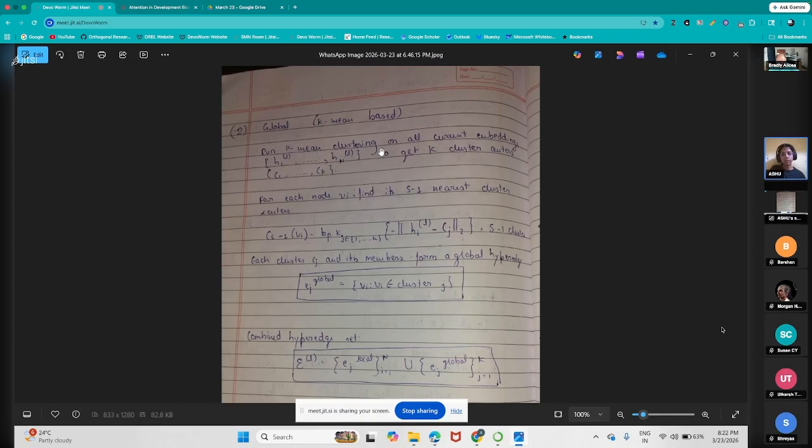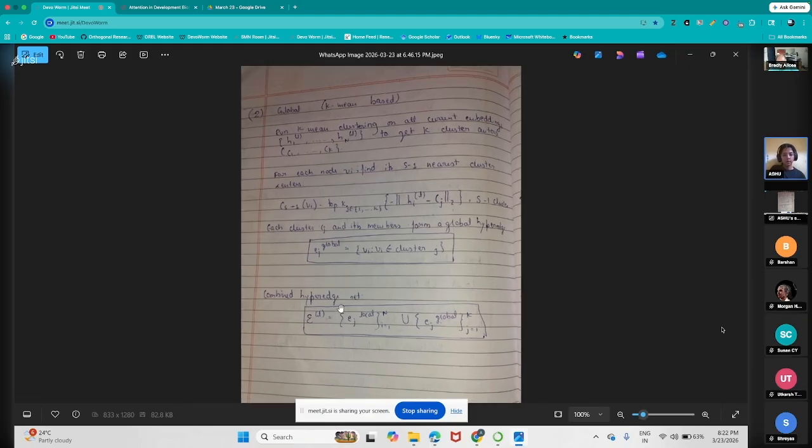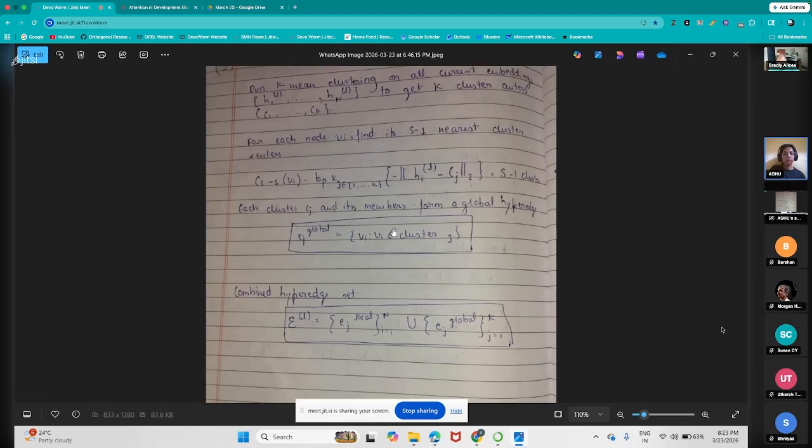We run k-means clustering on all the current embeddings, h1 till hn, to get k cluster centers. So we get the hyperedges for global points, and we combine the local and global together to form a dynamic hyperedge.